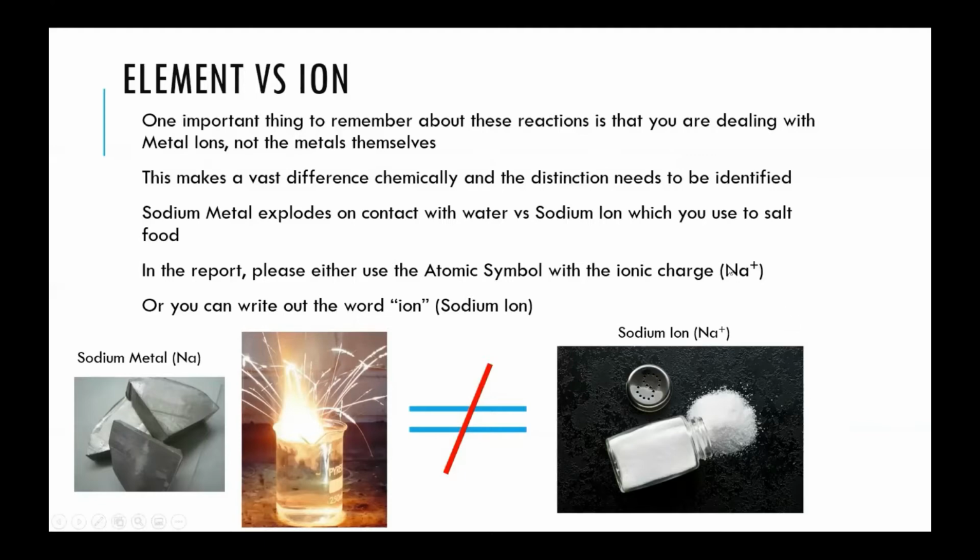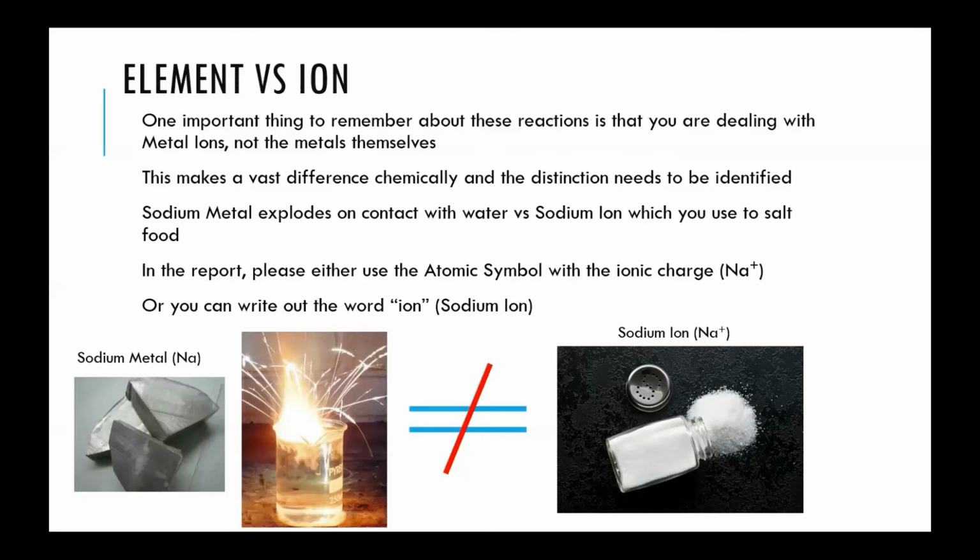Sodium ion is in table salt. It dissolves in water. It's very inert. It doesn't really react with anything. You eat it. Sodium metal, the pure metal from the periodic table, is an incredibly reactive metal that will explode in water. They are not the same thing.